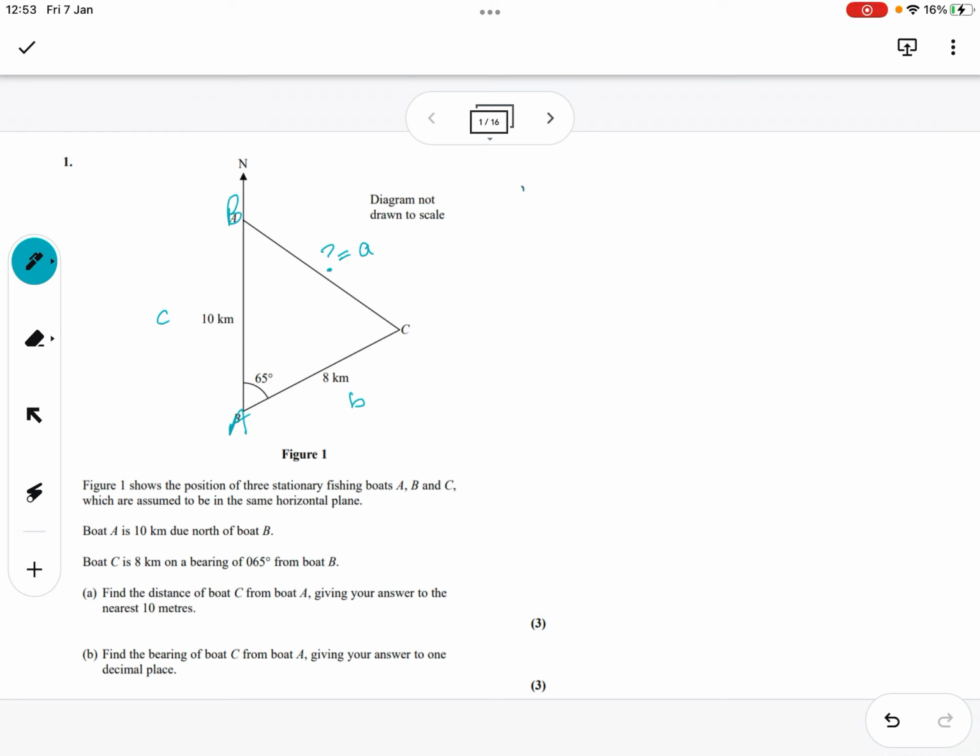So I'm going to do a squared equals b squared plus c squared minus 2bc cos A, because this is a cos rule.